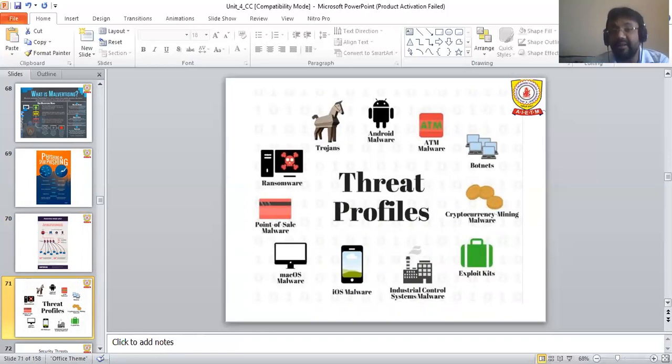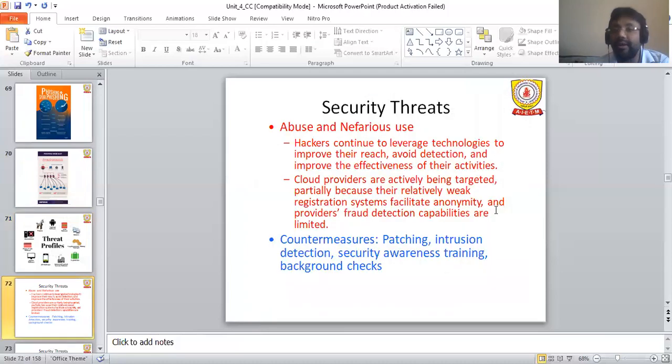The next are threat profiles like Trojans, Android malware, ATM malware, botnets, cryptocurrency mining malware, exploit kits, industrial control system malware, iOS malware, Mac operating system malware, point-of-sale malware, and ransomware. These are all different threat profiles that might affect the working of a system on an online platform.